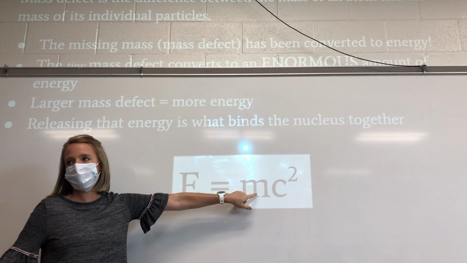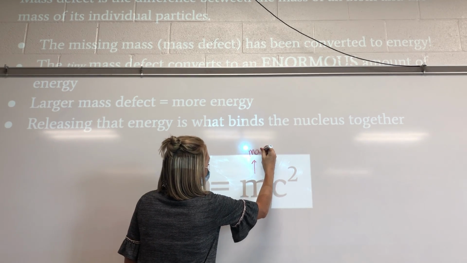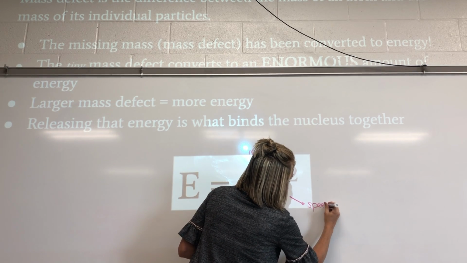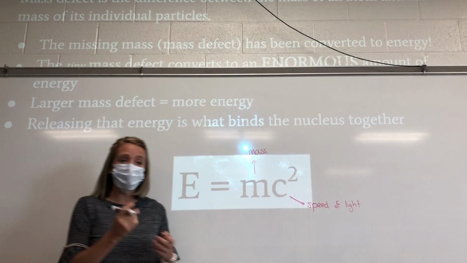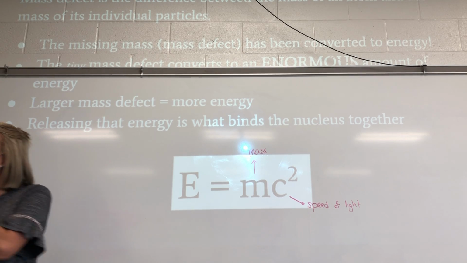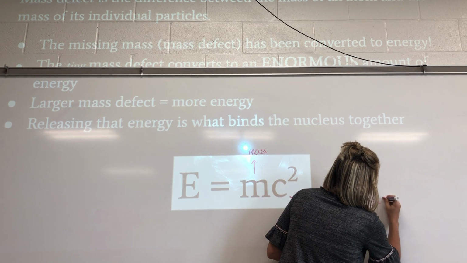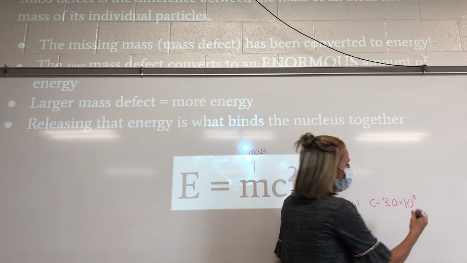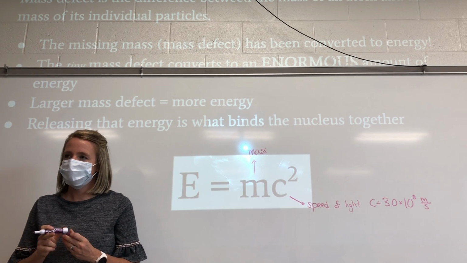So m is mass in this equation. c is the speed of light, which is always a set constant value. Once again, you don't need to know this, but to show the point here, the speed of light is 3.0 times 10 to the 8th meters per second.